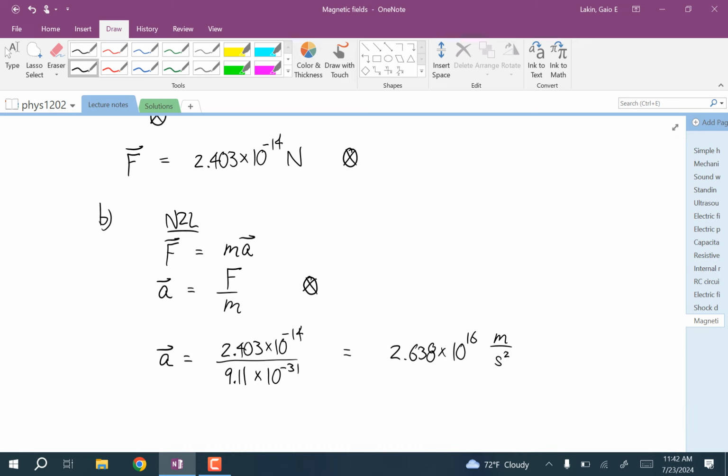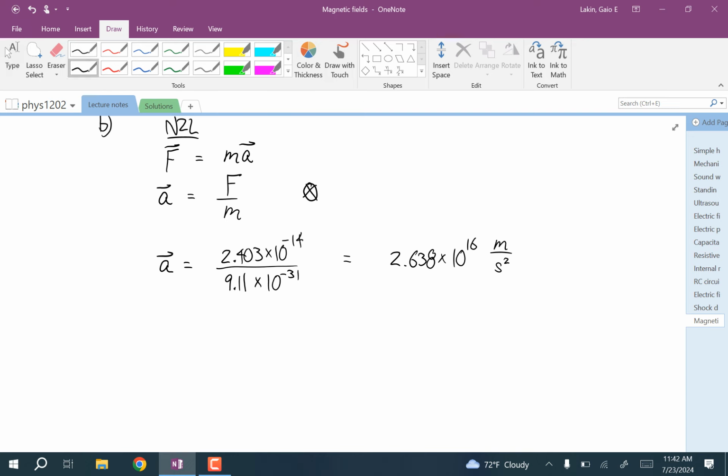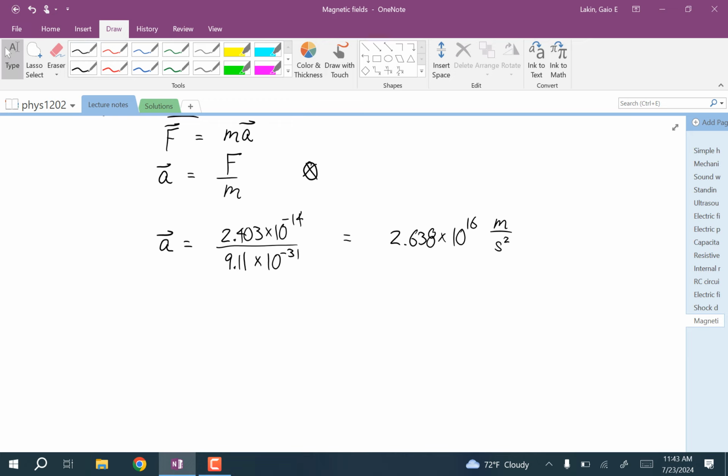Okay, well, this is the force and acceleration at a single instant. Now let's talk about what happens if a single particle moves in a constant magnetic field.